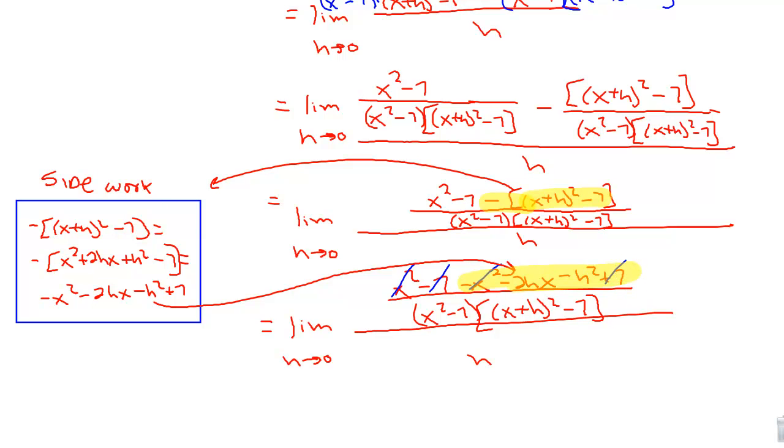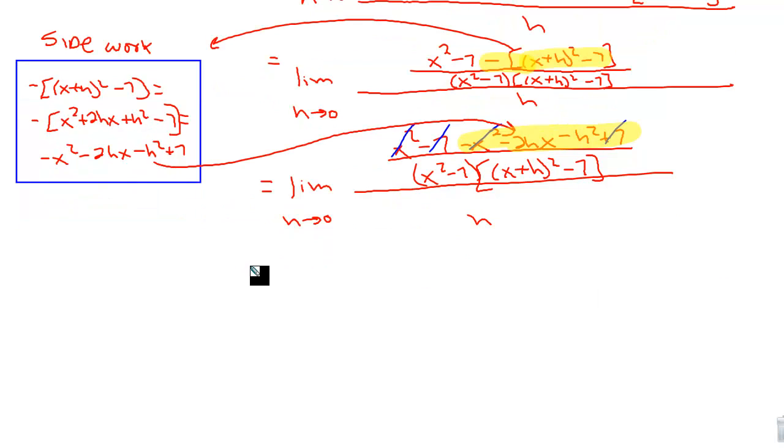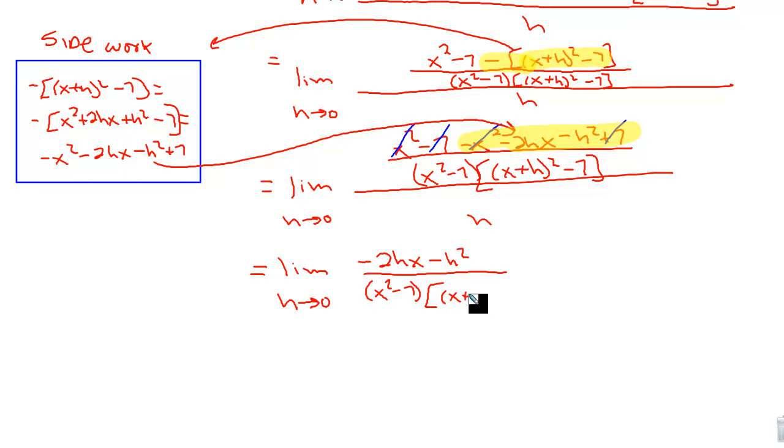And the yellows are the same. So we have the limit as h approaches 0 of negative 2hx minus h squared divided by x squared minus 7 times the hot mess that you see here.